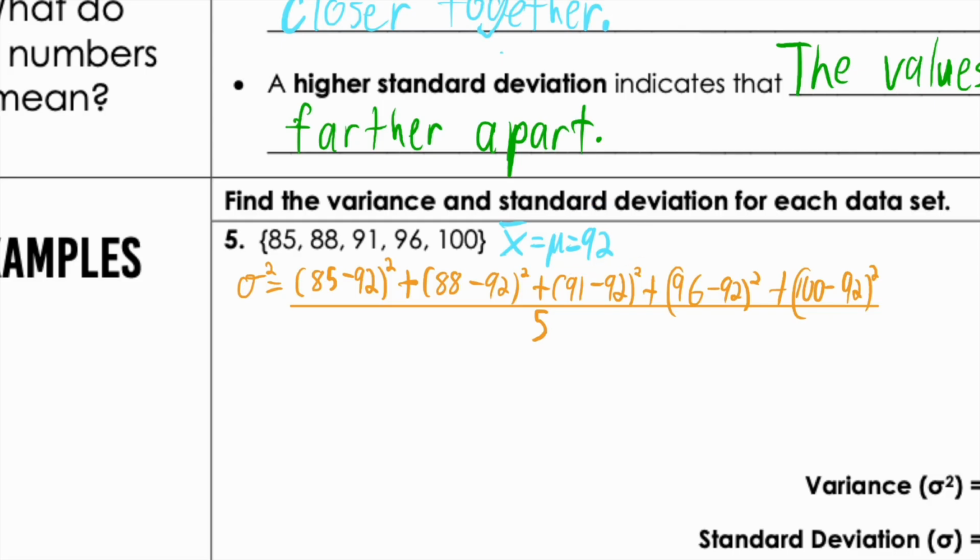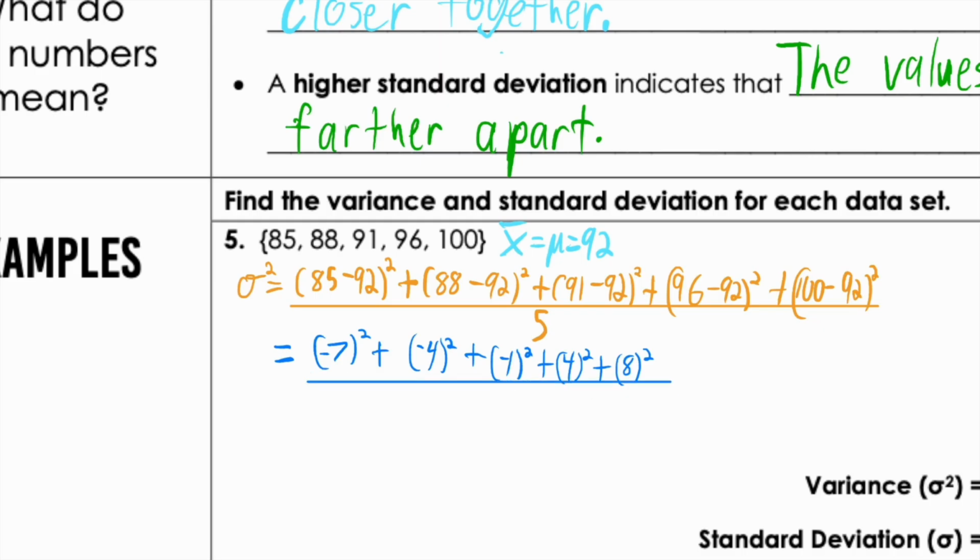And so our next step here would be to say, okay, then 85 minus 92 inside the parentheses is, that's negative 7 actually. So negative 7 in parentheses squared plus negative 4 in parentheses squared plus negative 1 in parentheses squared plus 4 in parentheses squared, but the parentheses don't matter there since it's positive, plus 8 in parentheses squared, which once again, parentheses don't matter there, divided by 5.